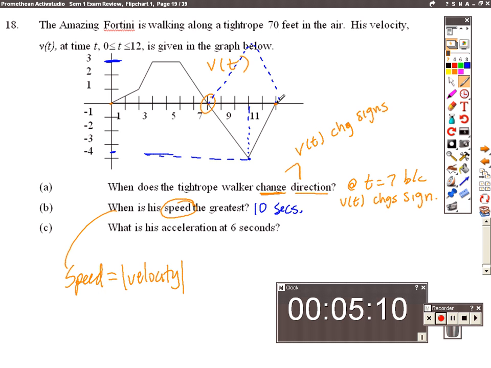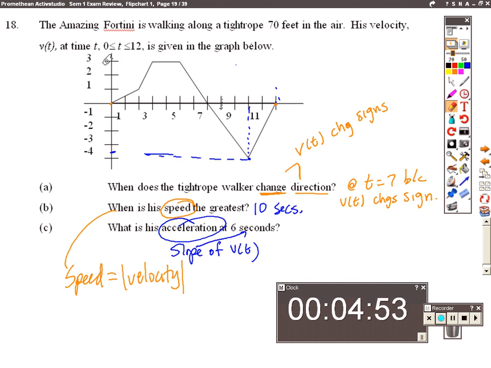Part C, when is his acceleration? Acceleration is slope of velocity. So in other words, they're really saying, what is the slope of this graph at 6 seconds? Let me get rid of some of the stuff on here. Alright, so I'm focusing on what's happening at 6 seconds, which is right here.